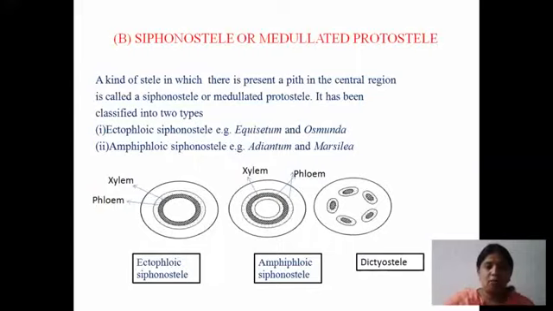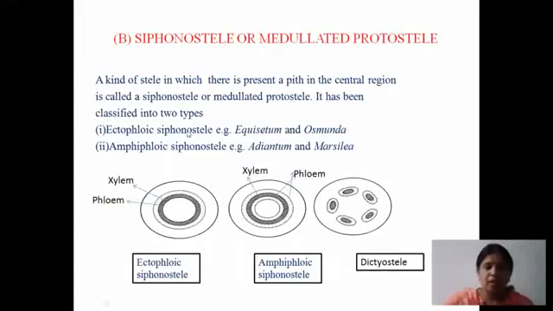Siphonosteles are of two types, ectophloic siphonostele and amphiphloic siphonostele. In ectophloic siphonostele, you see the phloem is present outer to the xylem. So this type of ring is known as ectophloic.